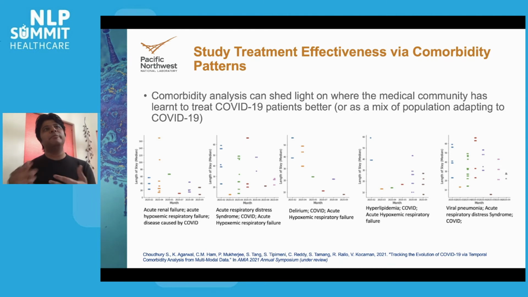And where the improvements may be happening, by looking at the association between the comorbidity and the treatment patterns, it allows us to reason about what might be helping. Is there a shift in the treatment pattern that's really leading to these improvements?